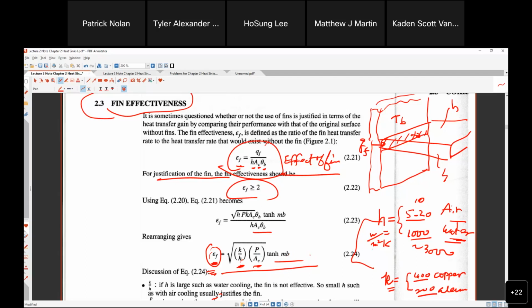It would be skinny, long, very thin, right? Perimeter is given and A_c is small because the thickness is small. So this is going to be very thin. That's why we have a thin fin.